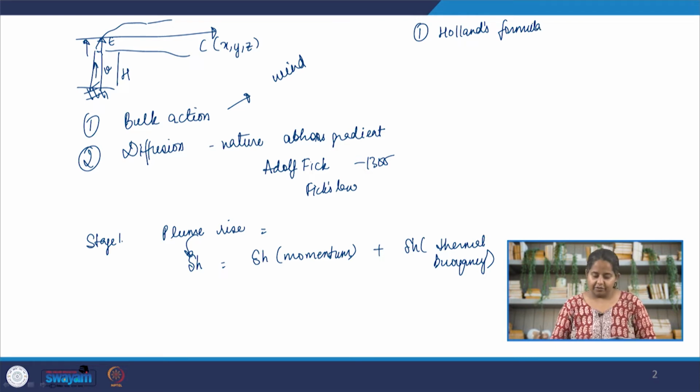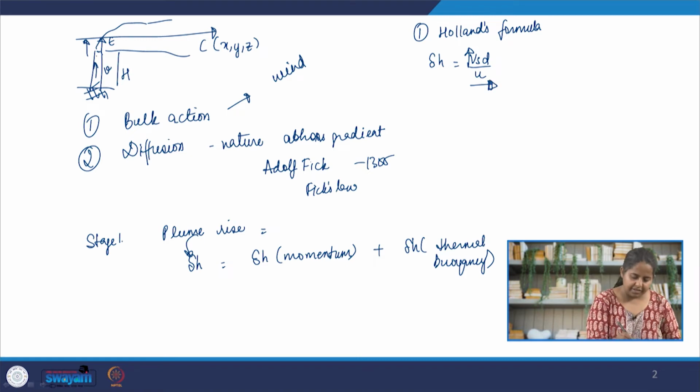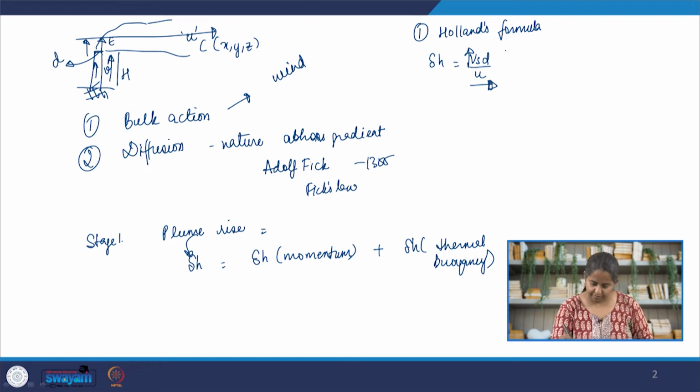Holland's formula looks like this: del H, which is del H due to momentum and also del H due to thermal buoyancy, is equal to Vs d by U. Vs is the velocity of smoke in the vertical direction, U is the wind velocity in the horizontal direction, and d is the diameter of the stack at the top.